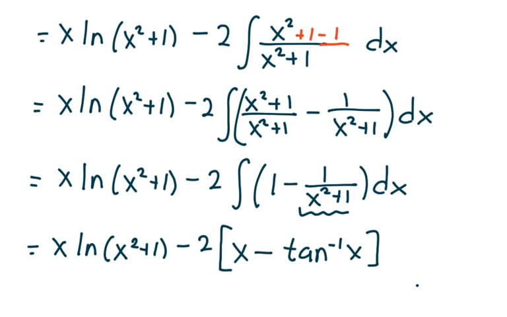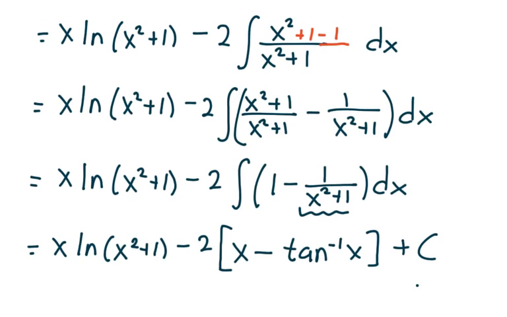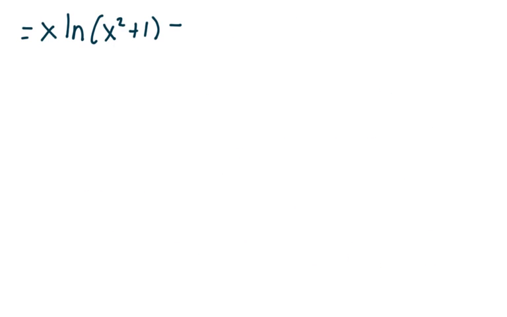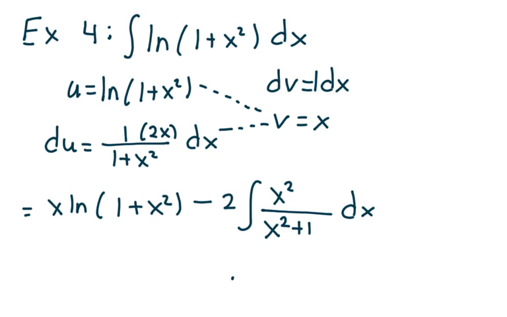And if we're going into differential equations, we absolutely got to know that integral. And so if I simplify a little bit further, this is x natural log of x squared plus 1 minus 2x plus 2 arctan x plus c. And that was example 4.